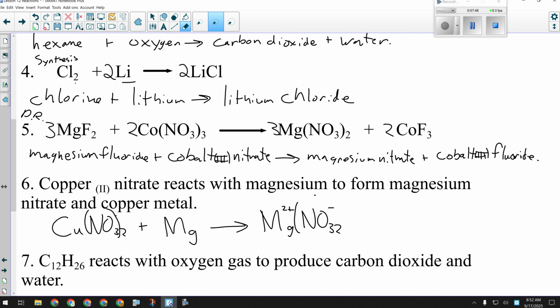There's going to be a 2 there, and again the need for brackets, and copper metal. Now what kind of reaction is that? It's a single replacement reaction. I have an element reacting with an ionic compound, and I'm getting a new ionic compound and a different element. So definitely a single replacement reaction.